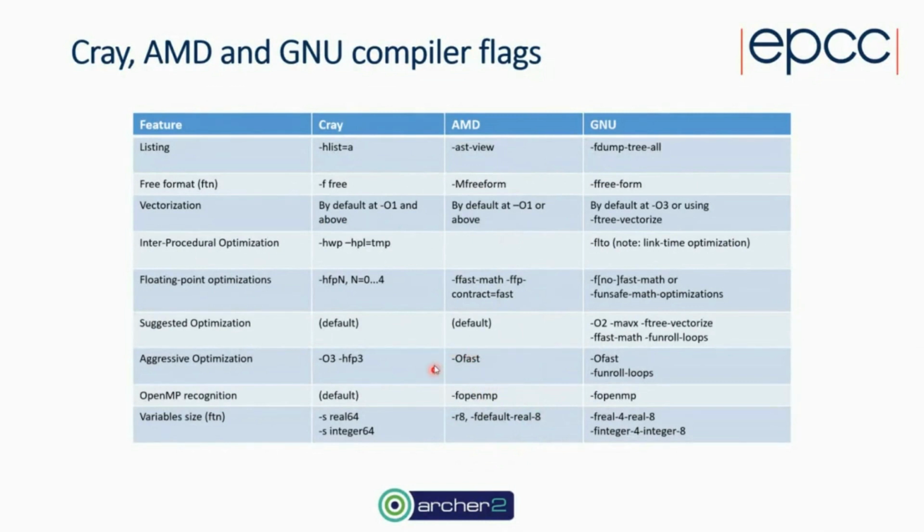If you really want to have a look at the aggressive optimization on GNU and AMD, then -Ofast is probably the way to go. And we can look at the vectorization options as well, which we'll look at tomorrow. Some of these may be useful for your applications, and it's always worth reading the manuals because these change over time for new releases of the compiler as well.